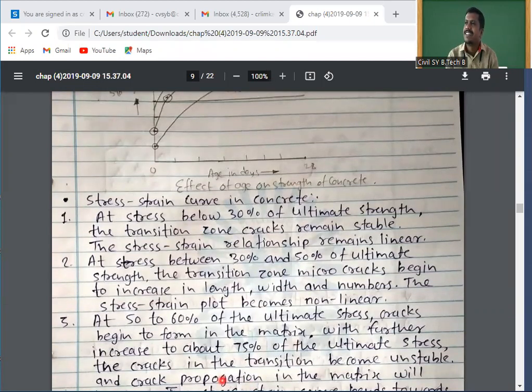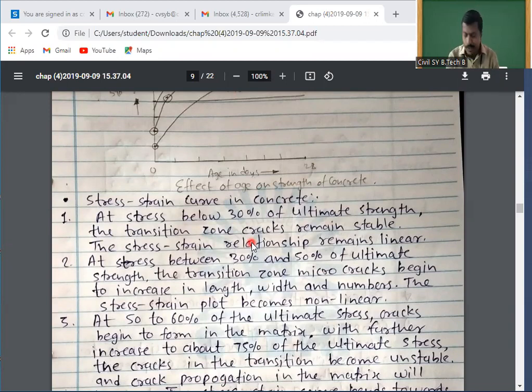Within elastic limit, stress is directly proportional to strain. Just I have twisted the question which I previously asked. Hooke's law is what, and at the limit of proportionality it is what? Okay, very good answer. Who has given this answer? Anisha. Okay, good.